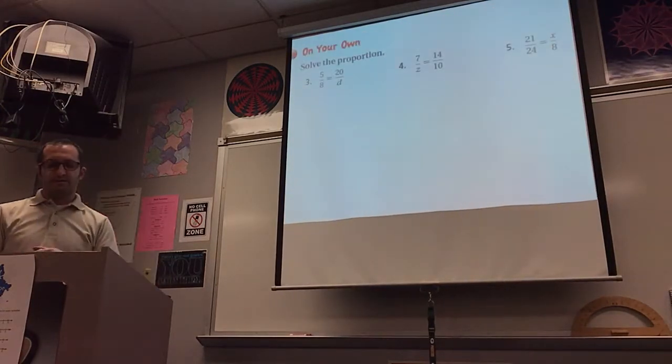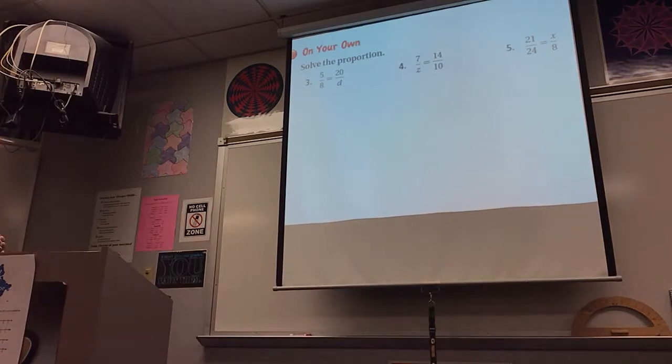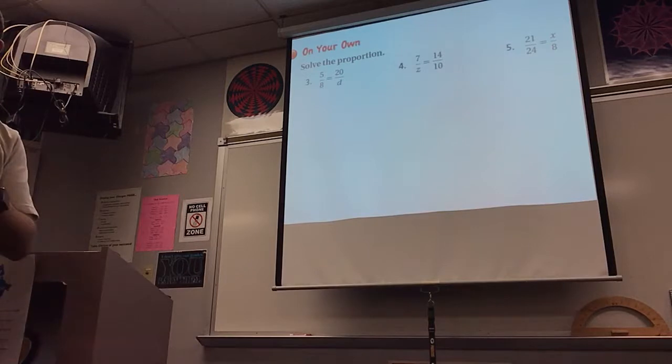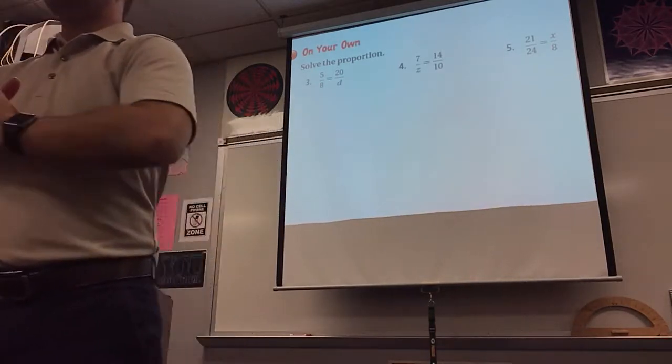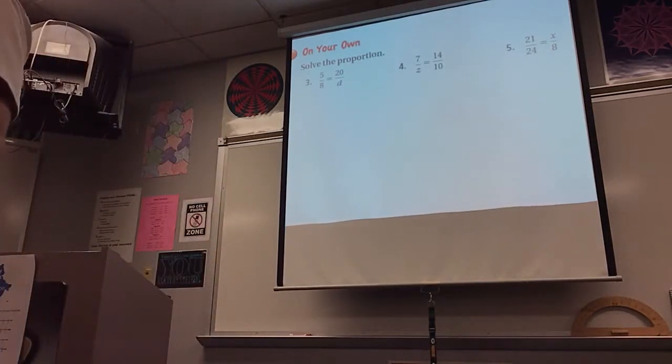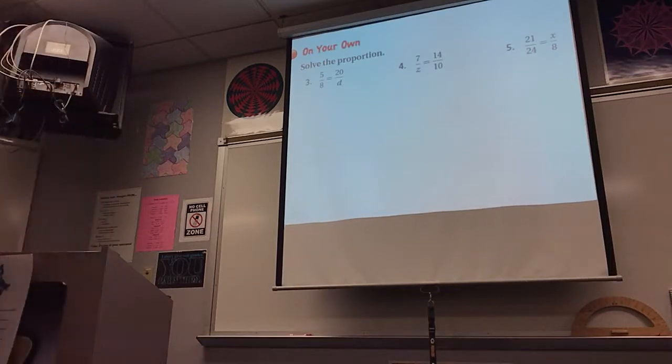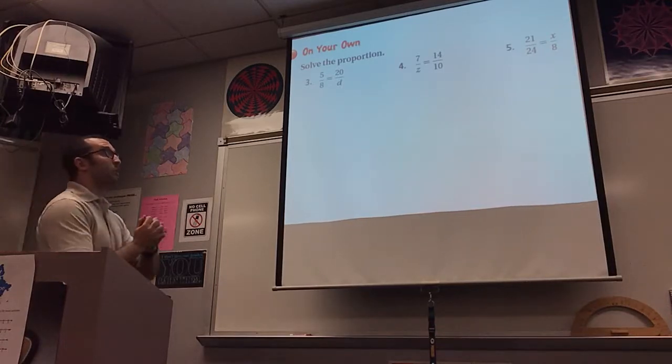I want you and your partner to solve these. Solve these proportions. Look for common multipliers. So we shouldn't take too much time on these because we're looking for common multipliers. Talk to your partner, figure out what those common multipliers are going to be. Or common dividers, right? Multipliers or dividers.